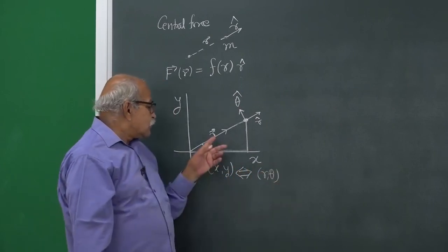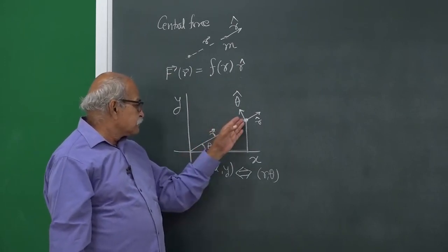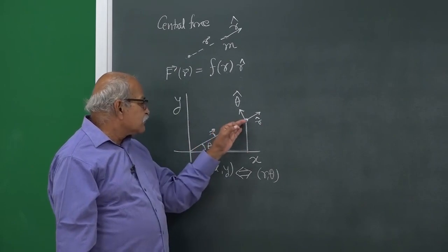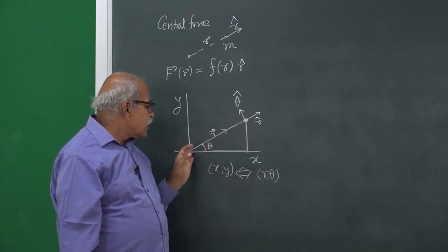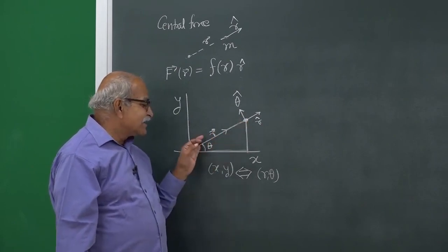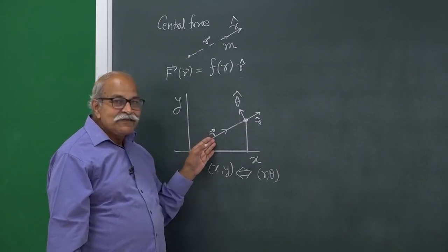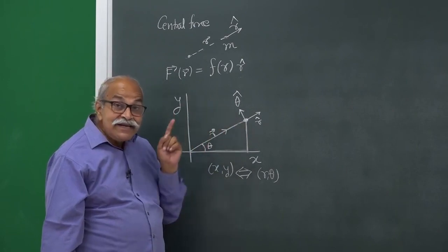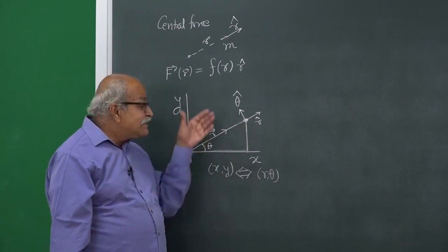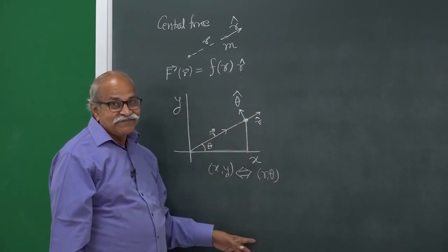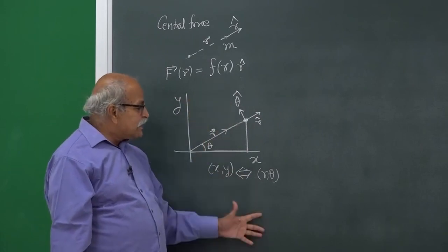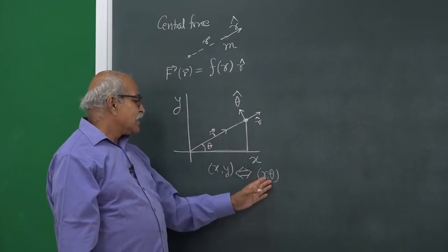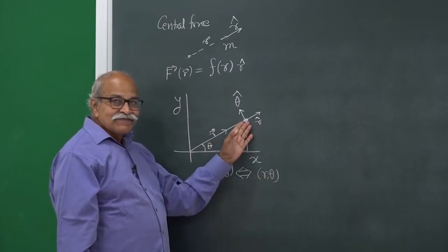If someone says that it is at a distance of r from the origin, and this line makes angle theta with the x axis, that also tells me that the particle is here, provided the particle remains in this xy plane. If it is in the xy plane, give me r, give me theta, I know where the particle is.